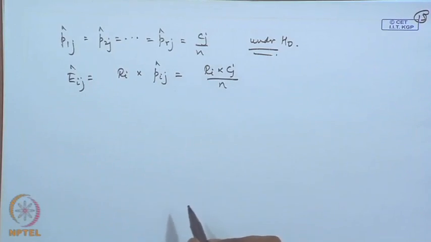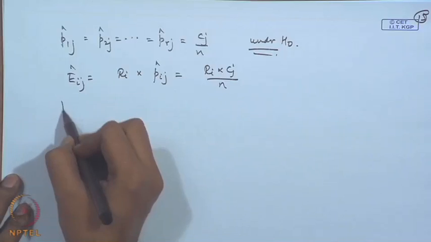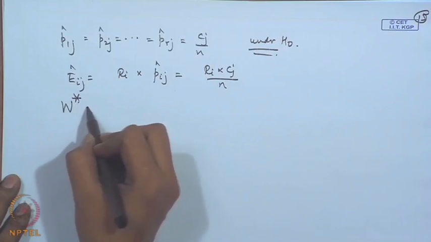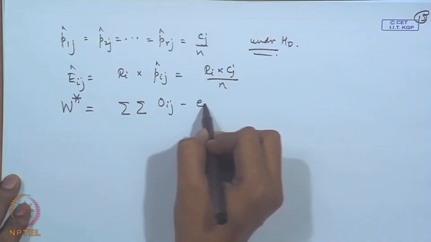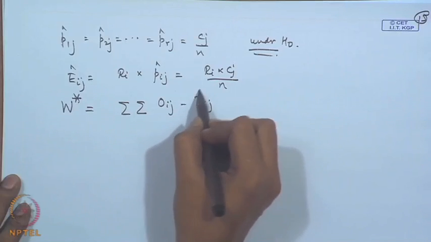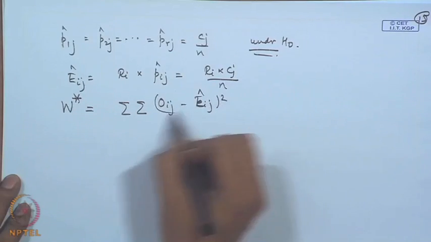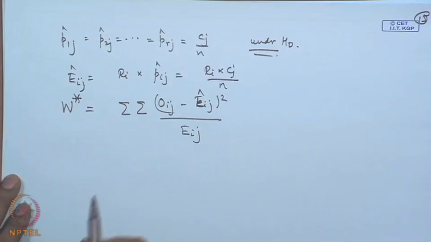So, it becomes the same value which I obtained in the previous case, and therefore the test statistic is the same W star, that is the double summation of (Oij minus Eij hat) squared divided by Eij hat.